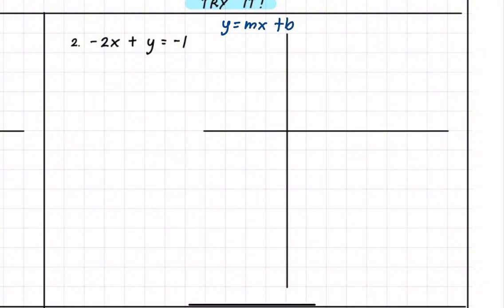Since negative 2x is on the left, how are you going to eliminate negative 2x in order to move it to the right side? You can pause the video and resume it once you finish number 2.